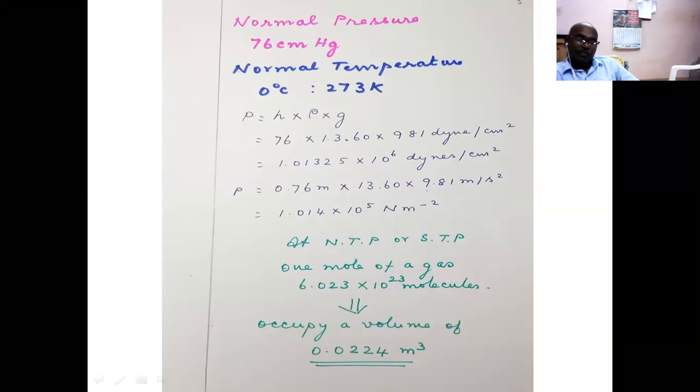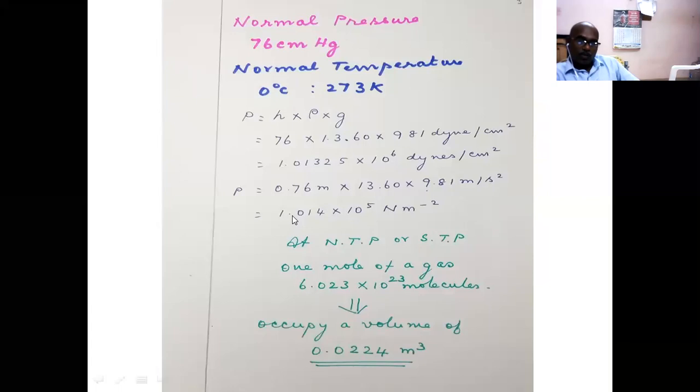When you multiply all these things, for pressure you are getting 1.014 into 10 power 5 Newton per meter square. So this Newton per meter square is the pressure. So you can say normal temperature pressure or standard temperature pressure.